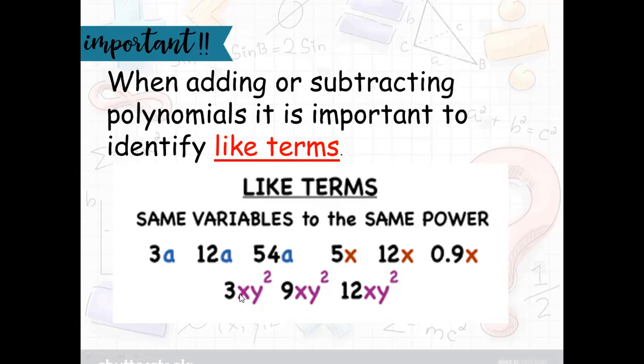It should be like this: xy squared, xy squared, xy squared. It should all be the same. Even if one of the terms has xy to the power of 4, it's not going to be a like term. That is called an unlike term. So it is very important to identify like terms when you are adding or subtracting polynomials.